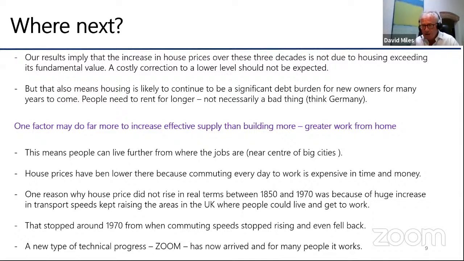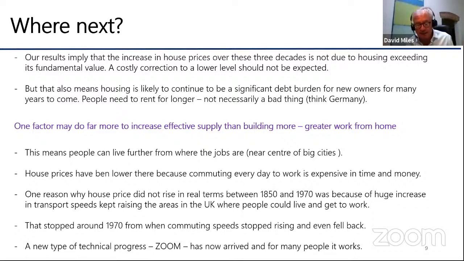What's that got to do with the housing market? Well, it may mean, of course, living in places which are relatively cheap, places where it may be easier to build more houses and keep house prices down, even if your job is in a very expensive place near a main centre like London or Oxford or Cambridge.